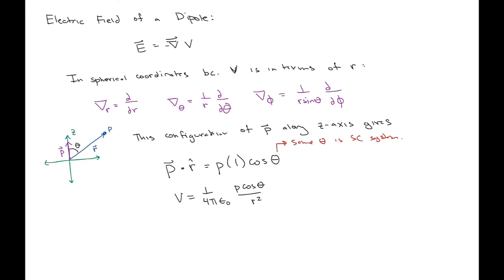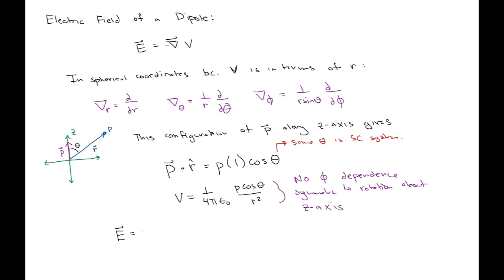You can note about this, there is no phi dependence. It's symmetric to any rotation about our z-axis. So if I imagine rotating this around the z-axis, our potential or field is not going to change. Now the last thing I need to do is just calculate this guy here.